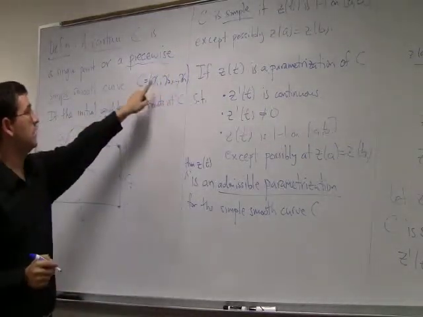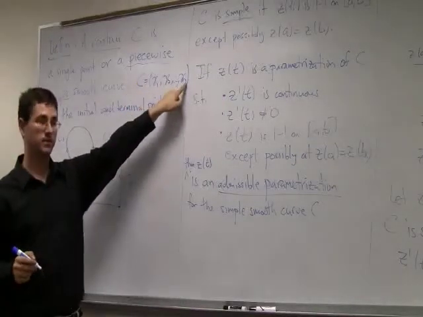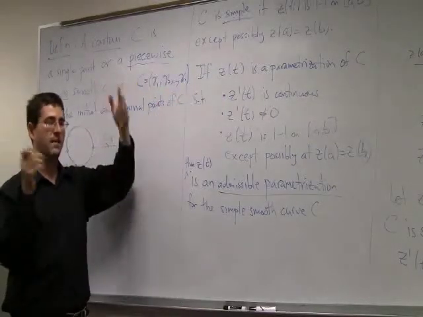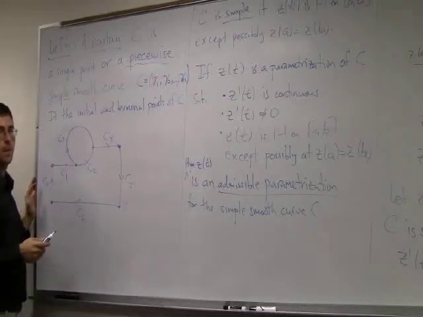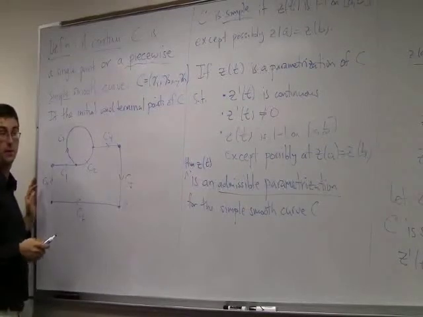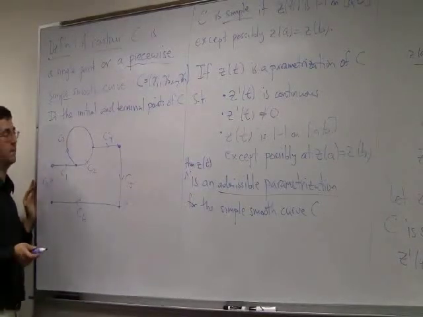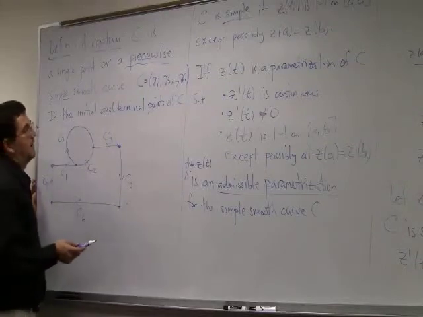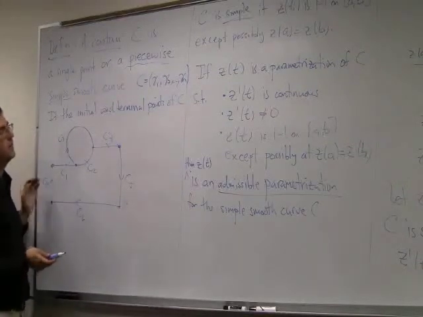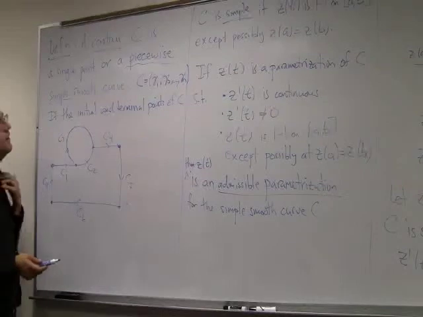Each one of these would be a simple, smooth curve, and it would have a parameterization. But that's really funny because gamma itself is not a simple smooth curve. That's very true. Should we name it another letter? No, this is a standard one.